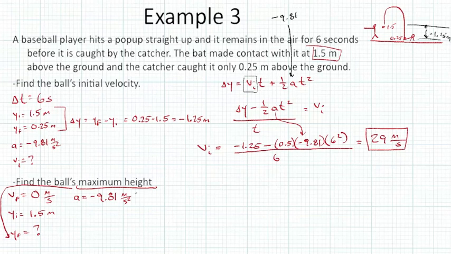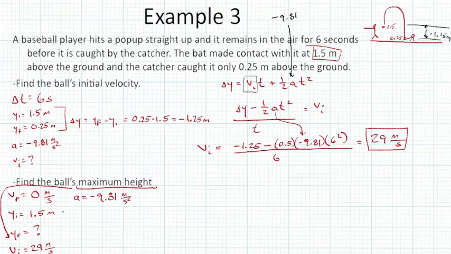And anything else that can be useful? I don't think so. I think we have pretty much everything. Oh, well, possibly yes. Our Vi, we calculated from before, is 29 meters per second. That's our initial velocity. Now the question is, can we find the total displacement just by using the acceleration, the final velocity, and the initial position?